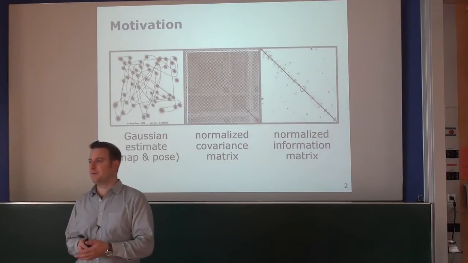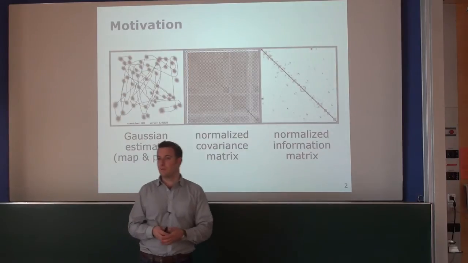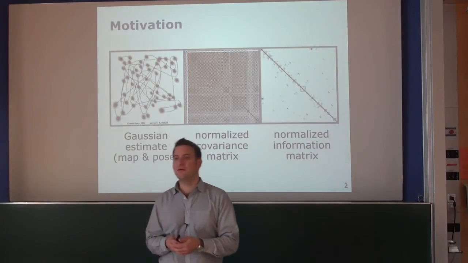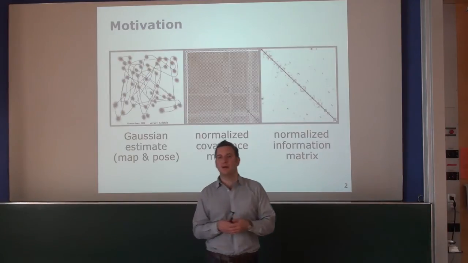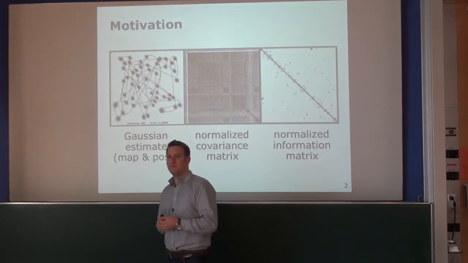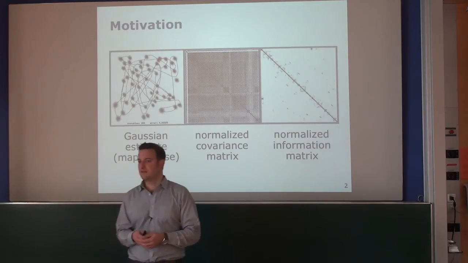And if we have such a sparse information matrix, we can do most of the operations much more efficiently. And that was kind of the key goal of the sparse extended information filter, to come up with a substantially more efficient, actually a constant time algorithm for addressing the SLAM problem.